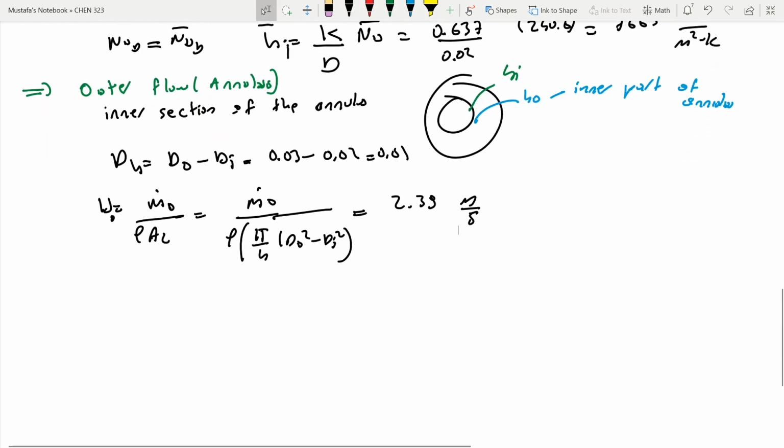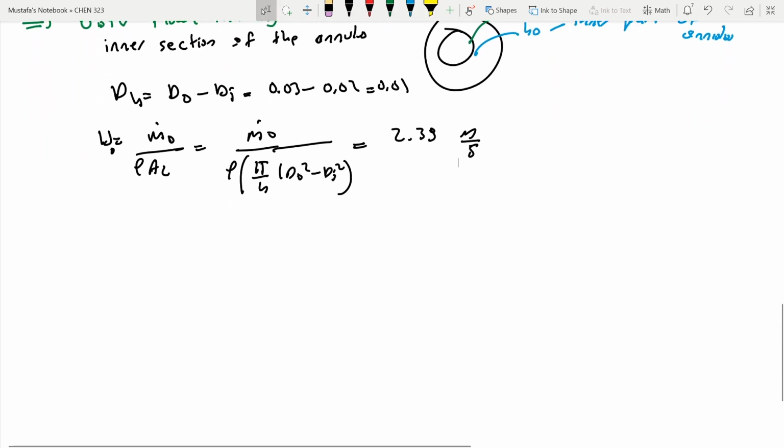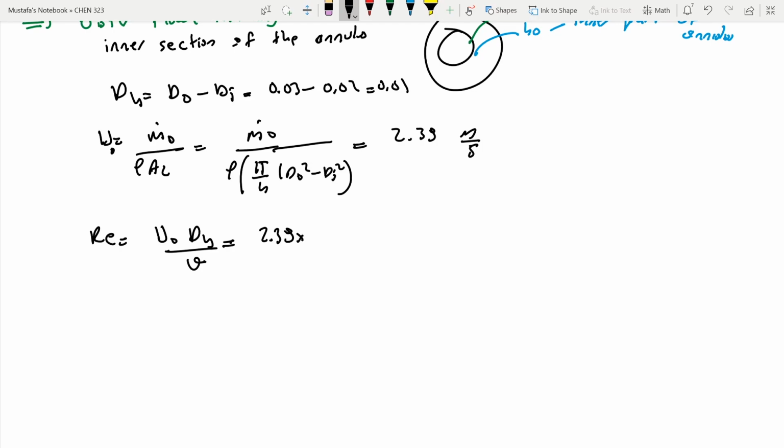This is the velocity in the outer region, the annular region. Reynolds number is the velocity of the oil times the hydraulic diameter divided by the kinematic viscosity. So if you plug in the numbers, velocity is 2.39 in metric unit. The hydraulic diameter is 0.01 in metric unit.